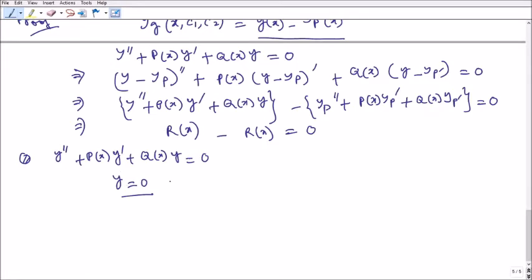So we can say that y equal to 0 is always the trivial solution of the homogeneous differential equation.